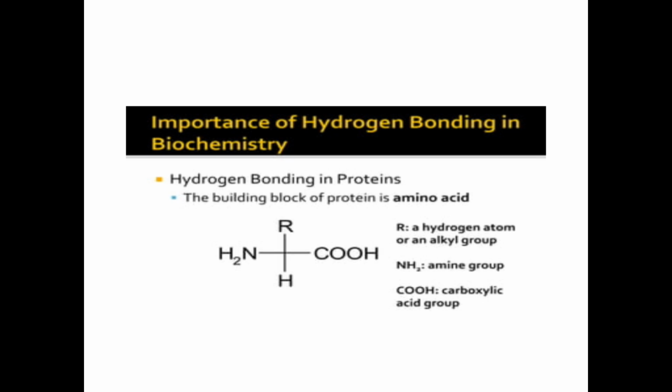We all know that the building blocks of protein is amino acid, and of course, amino acid has a hydrogen atom that is directly linked to an alkyl group, the amine group, and of course the carboxylic acid group.